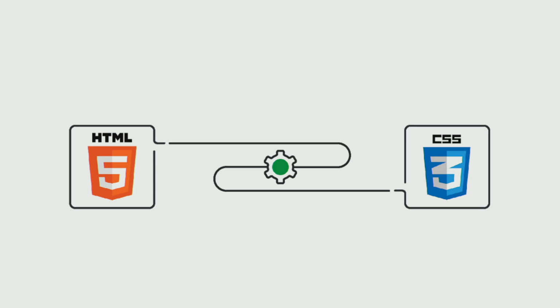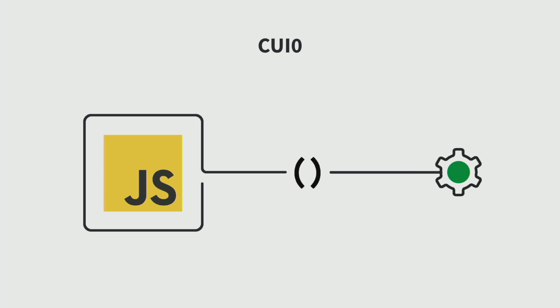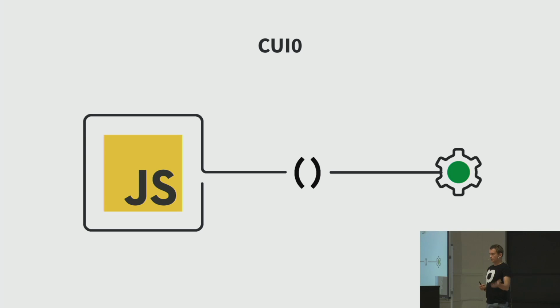It was a JavaScript library in GitHub, and you could basically install it to your project. The first version, CUI 0, was born when this JavaScript library was created, and it simply helped you render HTML components with different variations as HTML.